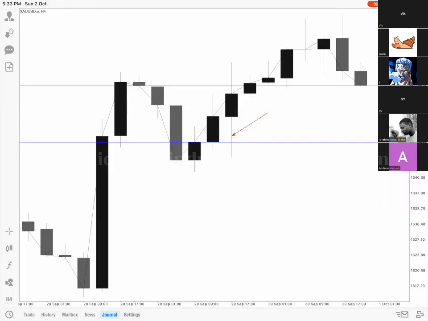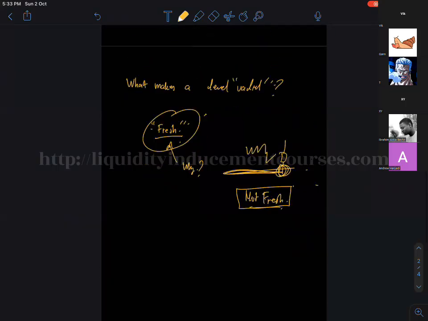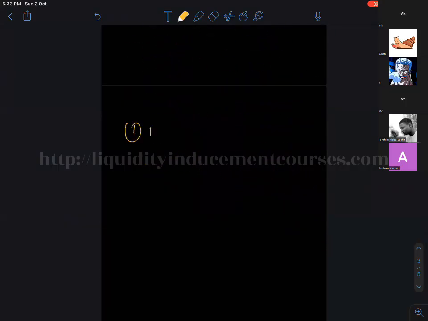First of all, my way of looking at an SNR is basically I will first of all find a fresh SNR. Okay, and then the criteria for the fresh SNR must be the second level or more.